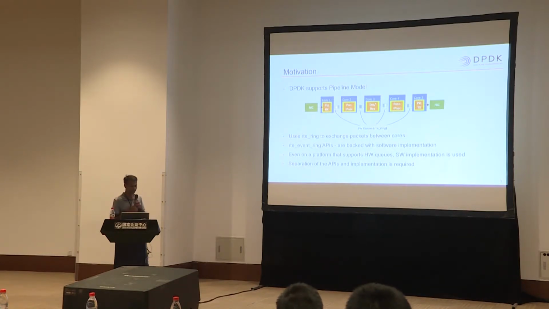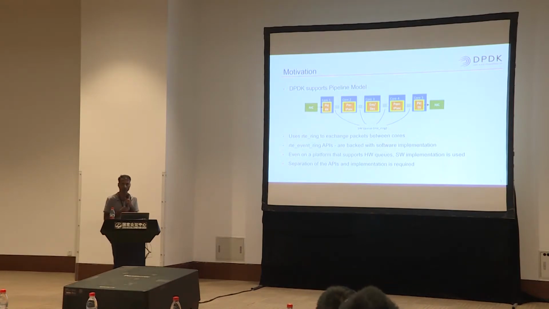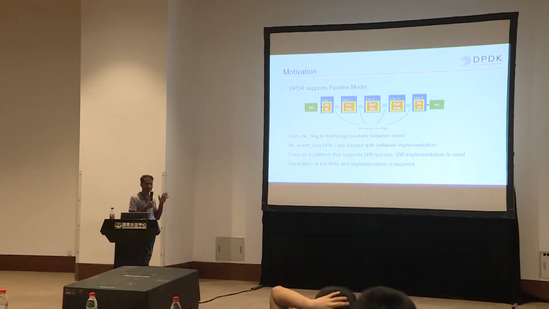So what happens with this is when you take this application and try to run it on a platform that supports hardware queues for inter-core communication, we still end up using the RTE ring. Instead of using the accelerated hardware rings, we still end up using the software implementation.